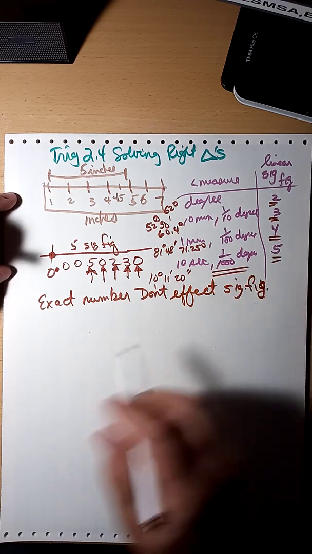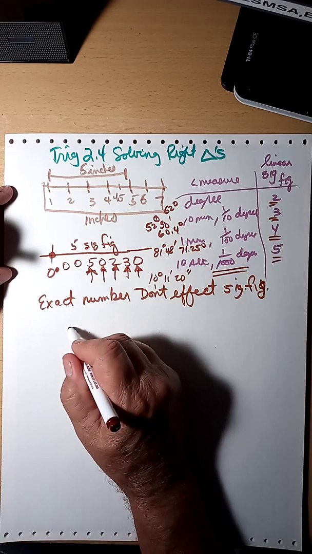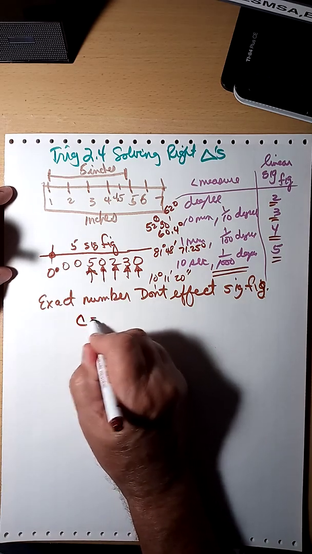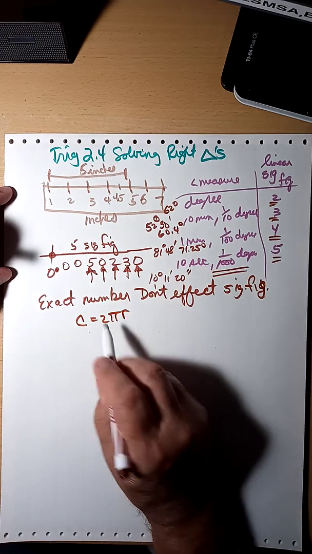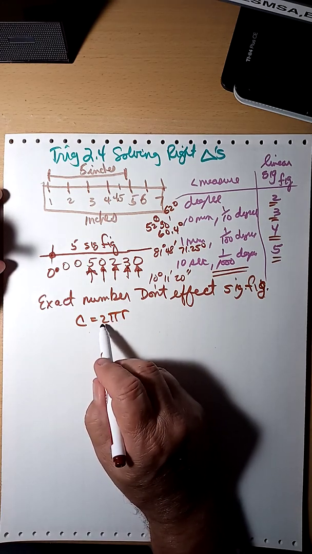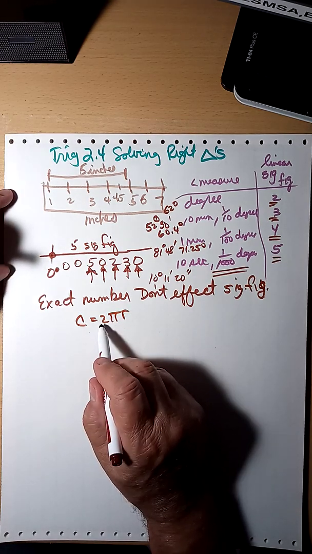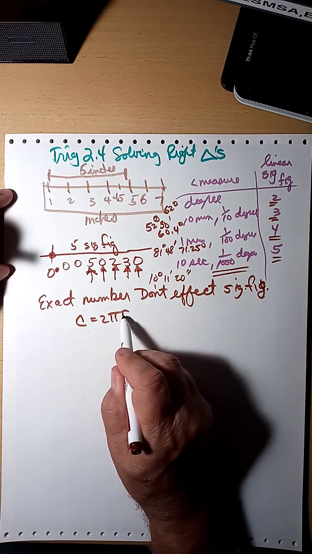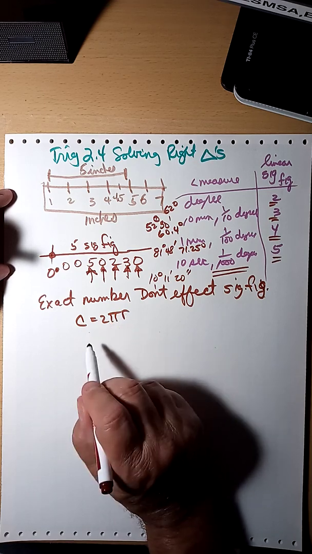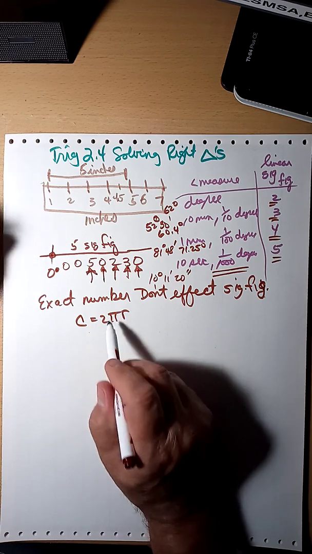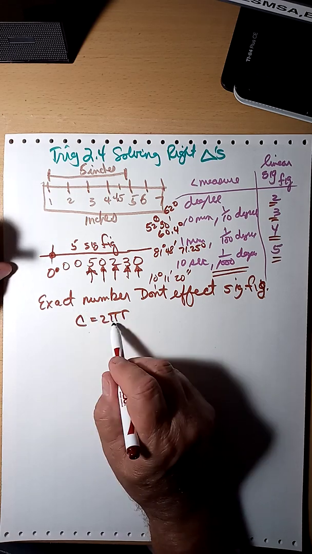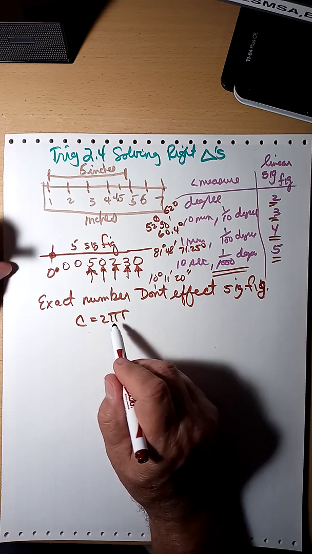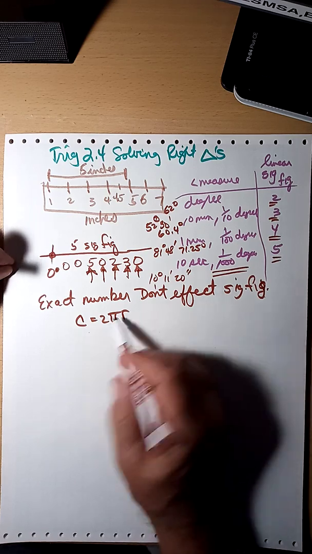So if you're doubling something like circumference, which is 2 pi r, just because 2 is one significant figure, don't use that as your guide. It's the stuff you're measuring, or the stuff that you're given somehow to measure. Don't use pi. That is an exact number in a sense, it has all the decimals in it and they go on forever, so you don't want to use that for sig figs.